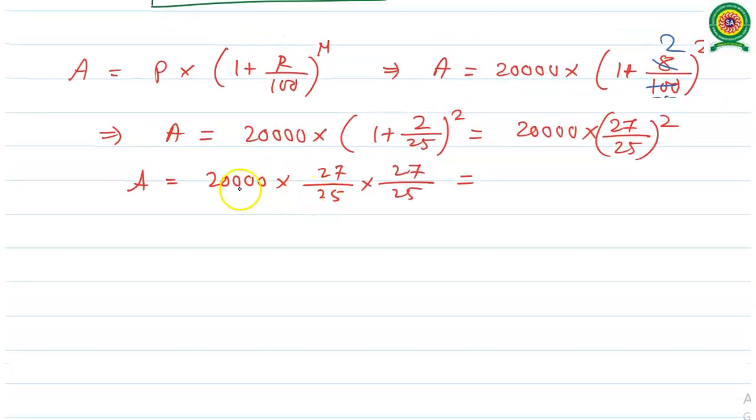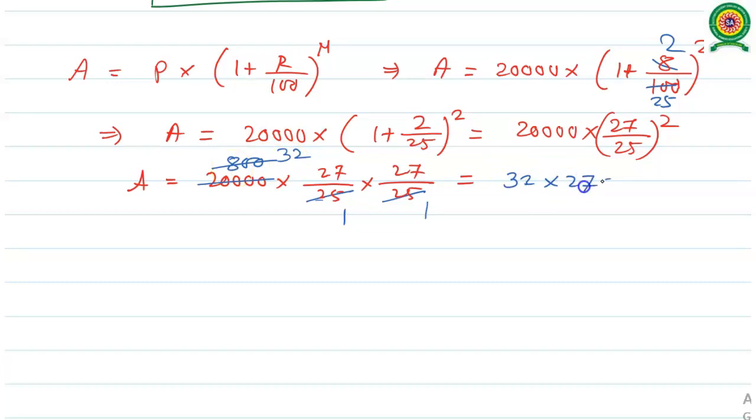So dividing 20,000 by 25 gives 800. Again dividing 800 by 25, 25 into 32 is 800. So that will remain 32 into 27 into 27. Now 27 into 27 is 729. 729 into 32 gives 23,328.